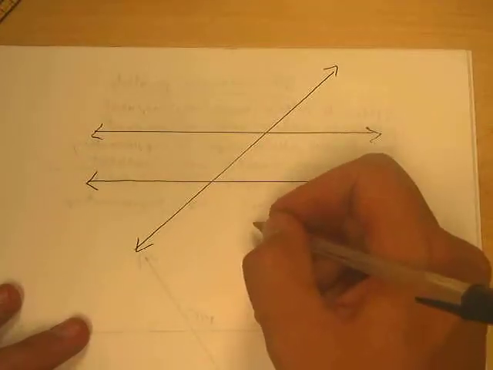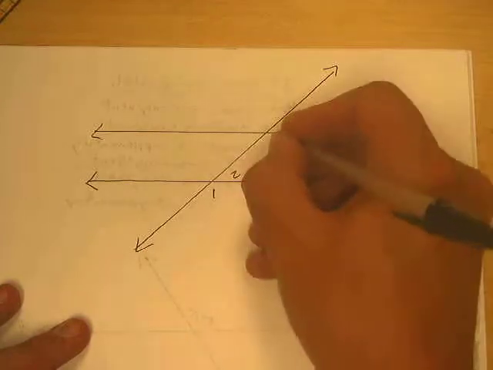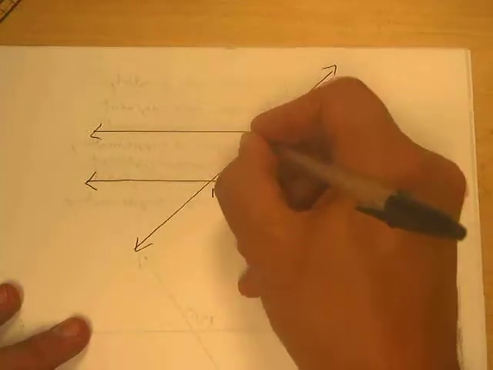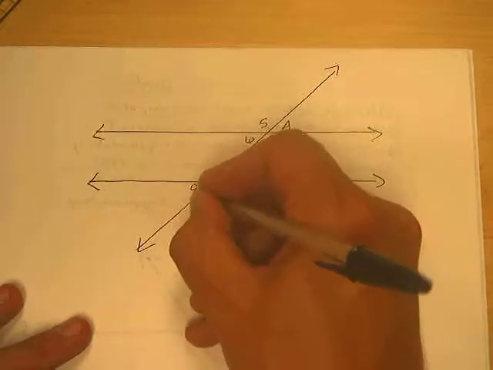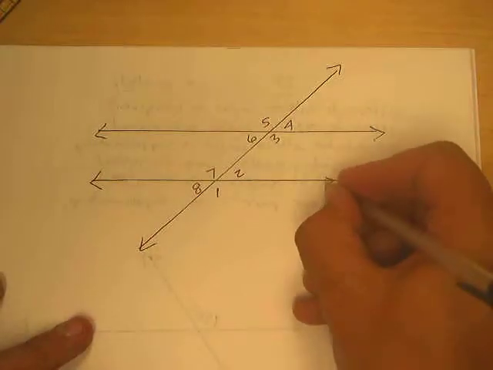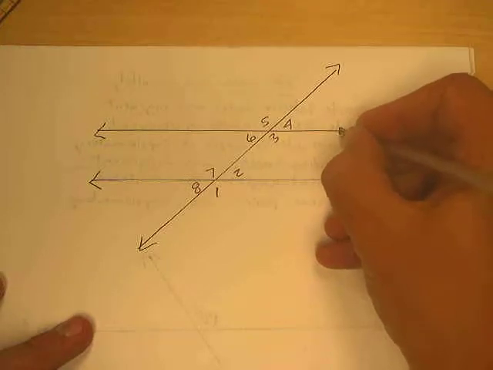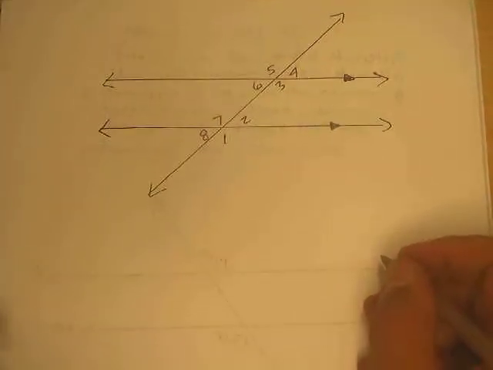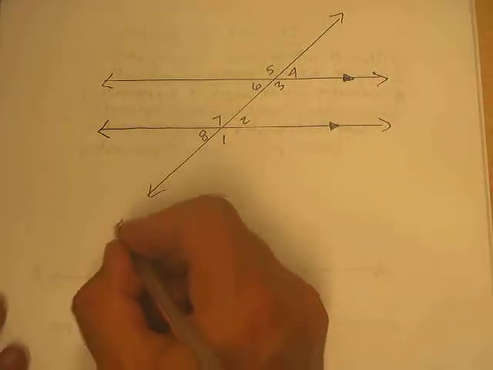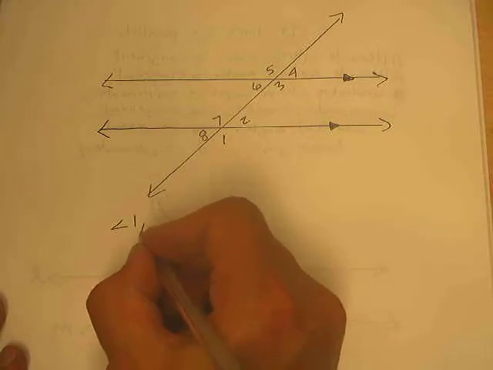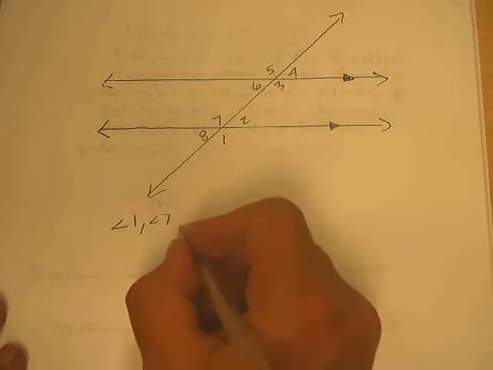Okay, now before I numbered them, and I hope you're not remembering numbers, so I'm going to number my angles a little differently than I did before. Okay, and let's say these lines are parallel. Okay, now I'm going to write some angle pairs down, and I want you to tell me what type of angles they are.